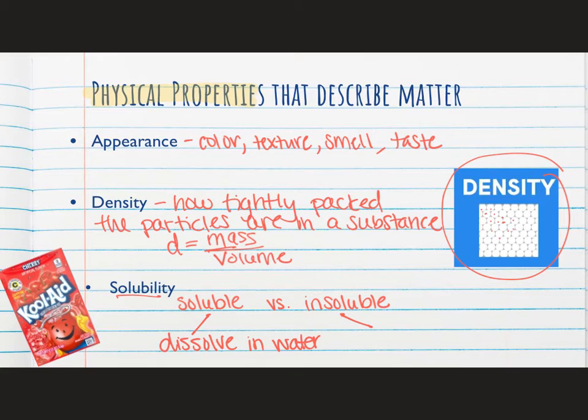Insoluble, I bet you can guess what that means based on what soluble means, but insoluble means it cannot dissolve in water. So think about what Kool-Aid would be. Kool-Aid, if you said soluble, you're correct, right? Because Kool-Aid, when you put it in your water, it dissolves, makes you Kool-Aid.